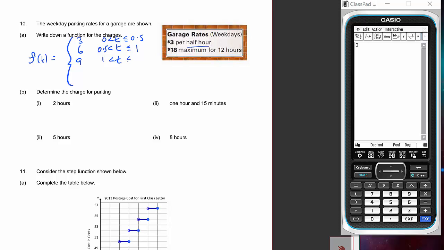That's going to be 9 between 1 and 1.5. Then 12 if t is between 1.5 and 2. And then it's going to go up to 15 if t is between 2 and 2.5. We didn't get them filled in. The maximum is $18. So $18 is going to be anything from 2.5 hours through to the maximum of 12 hours.